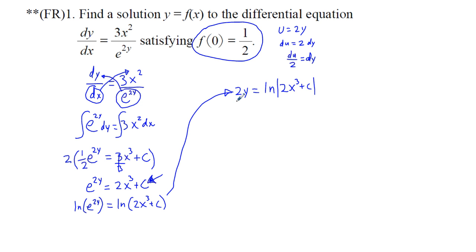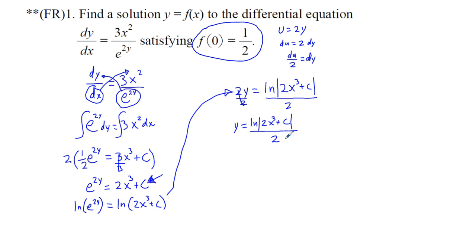And now if we divide by 2, we have y solved for. So y is equal to the natural logarithm of the absolute value of 2x cubed plus c, all over 2.